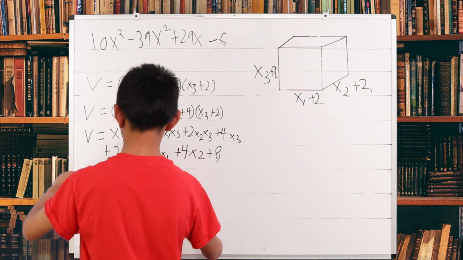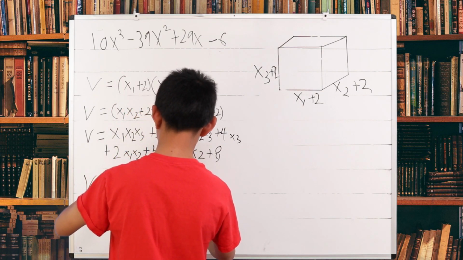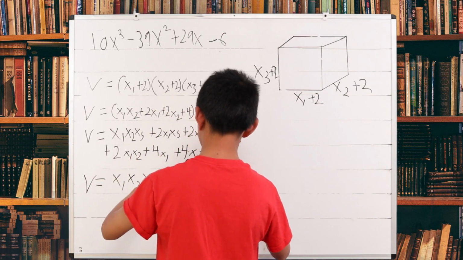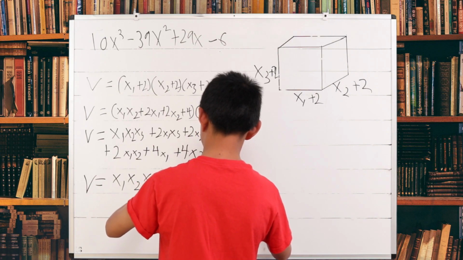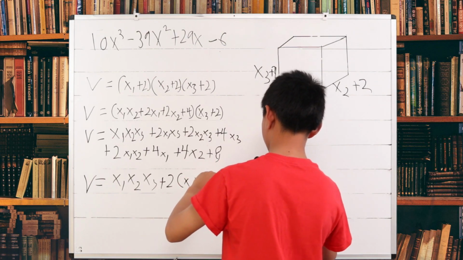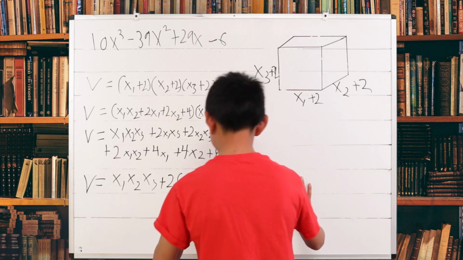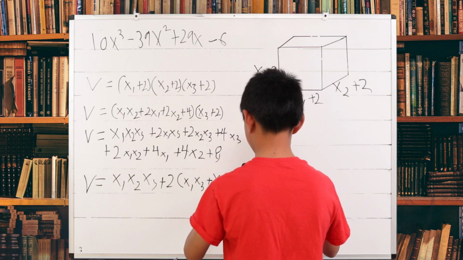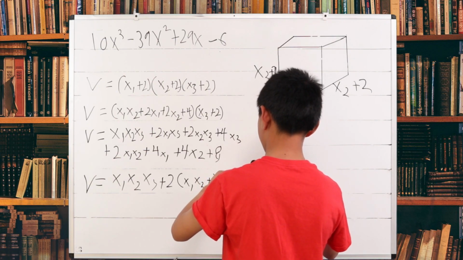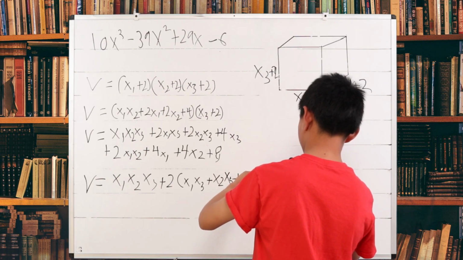So here the volume is x1 times x2 times x3, factor out the 2, so it's now 2 times x1 times x3 plus 2 times x2 plus x3. Wait, no, sorry, it's times x3. Times x3 plus 2x1 times x2.